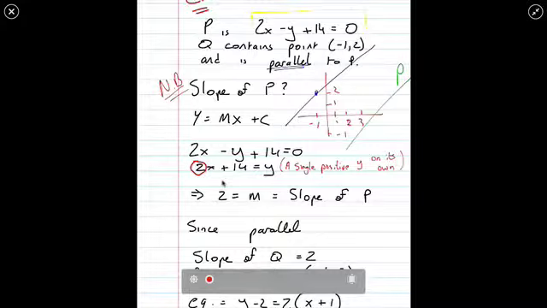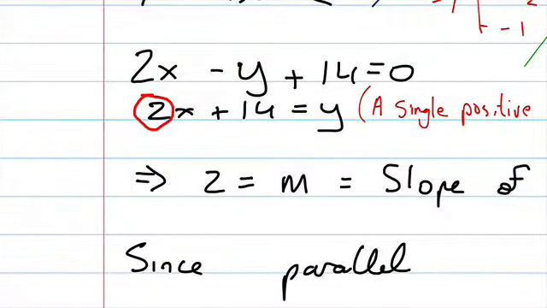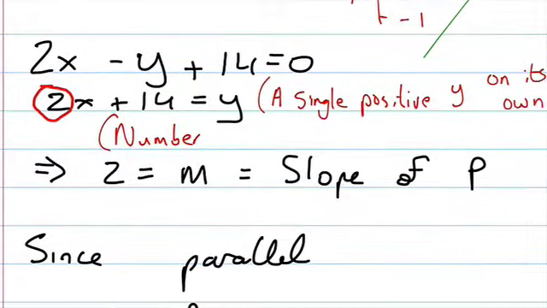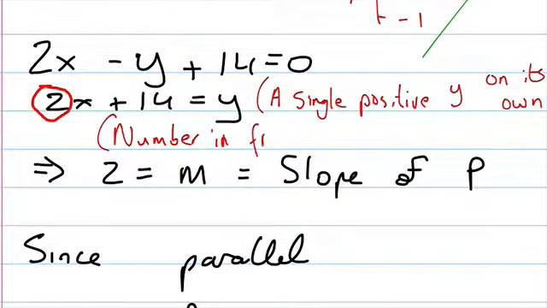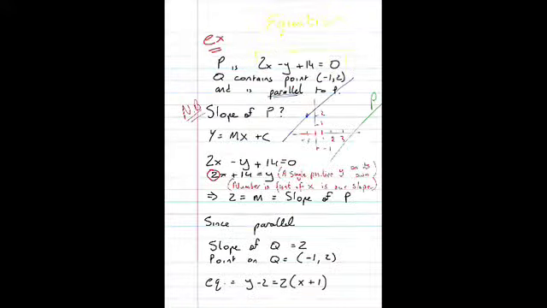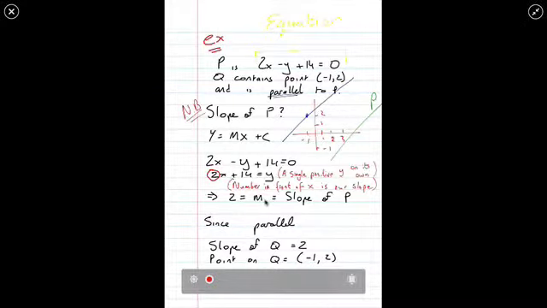Now, once we have that done, the number in front of x is our slope. So what's our slope here, Liam? 2. And that's the slope of what? It's the slope of P.